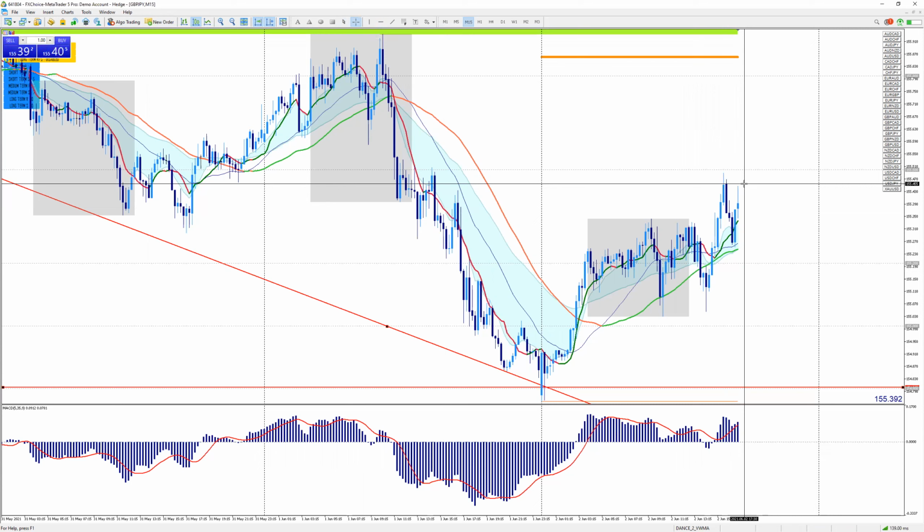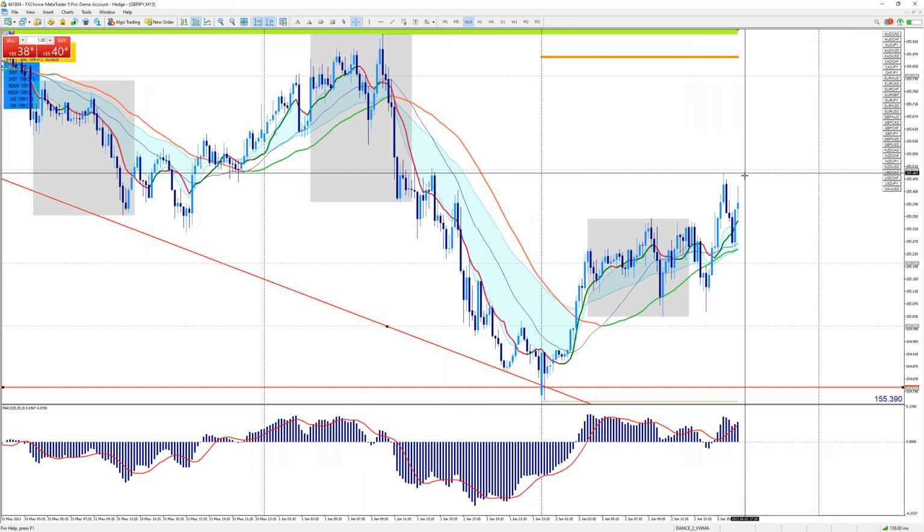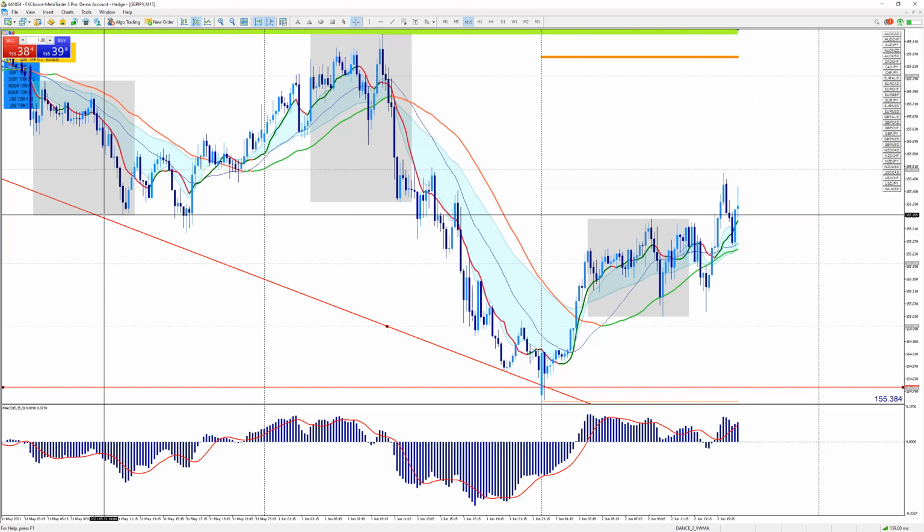Yeah, if it takes out this high in here, but I don't have any indication that, at this point, again, the bias is up, but would I want to take a buy today? I don't know that that's the best scenario right now.